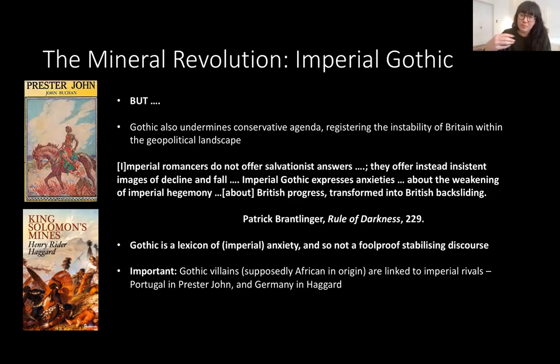So these are racialized Gothic figures, but they are connected to other imperial powers, suggesting that the anxiety they articulate is an anxiety about Britain losing hegemony within the context of the world economy, within the context of interstate competition for colonial control.